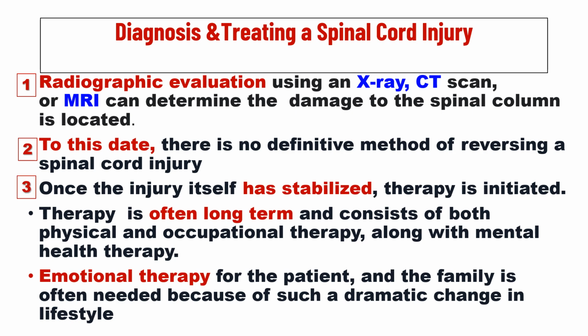Once the injury itself has been established, therapy is initiated. Therapy is often long-term and consists of both physical and occupational therapy along with mental health therapy. Emotional therapy for the patient and family is often needed because it is such a dramatic change in their lifestyle.